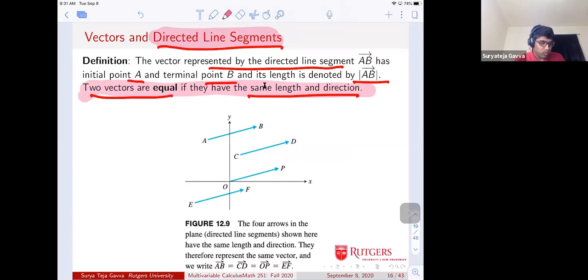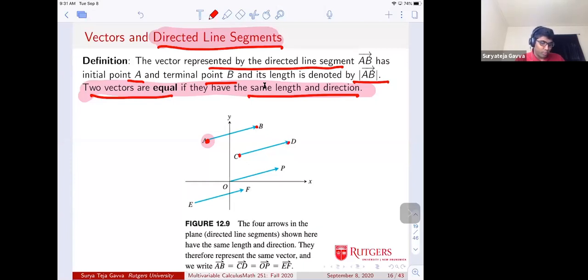For instance, in this picture, we see that this vector AB and this vector CD are distinct directed line segments, right? But they have the same length. One is basically a translation of the other. If you move the line segment AB and put it on CD, they exactly match.